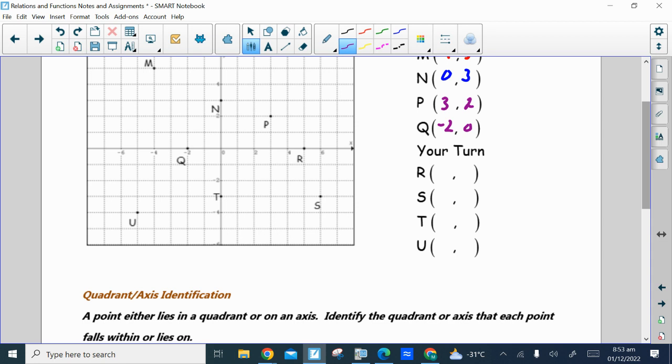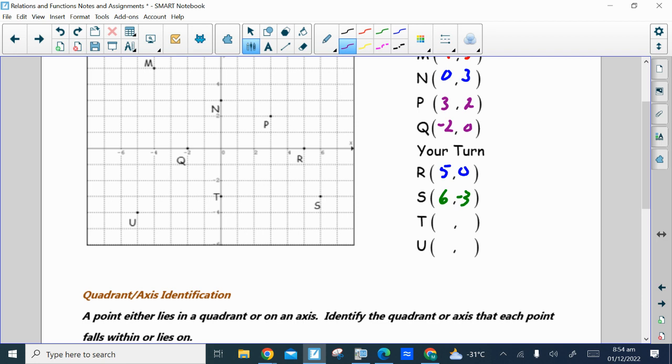What did you say for point R, Danny? You agree with that, Charlie? Okay, good. What about the next one, Keen, point S? Is that right, Kate? Yep, good.